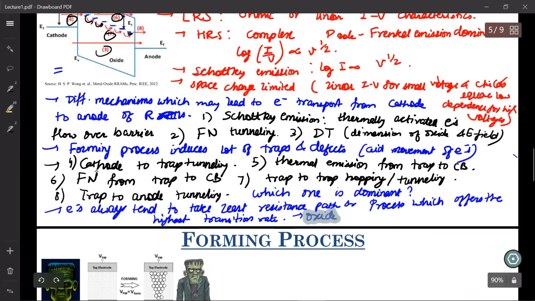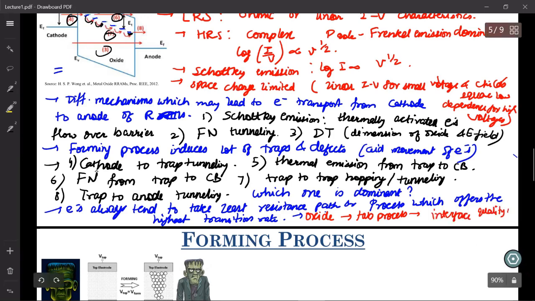So the parameters on which this depends are first the oxide material, then second the fabrication process, because that determines how much defect and all you have injected here. Then it also depends upon your interface quality. Interface quality of what?